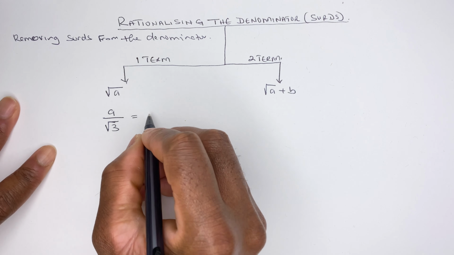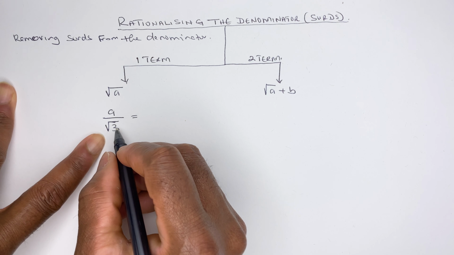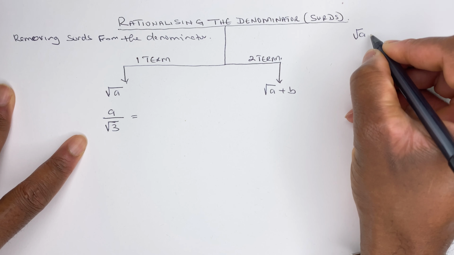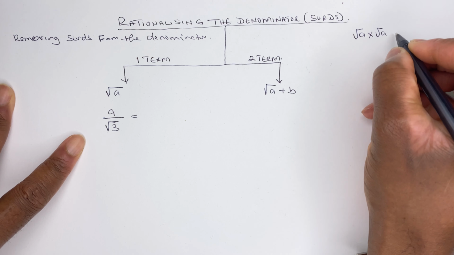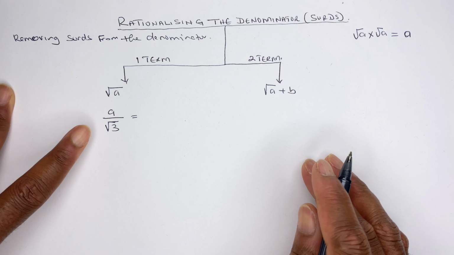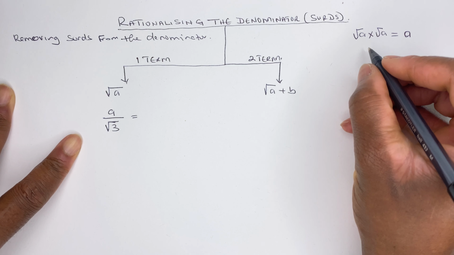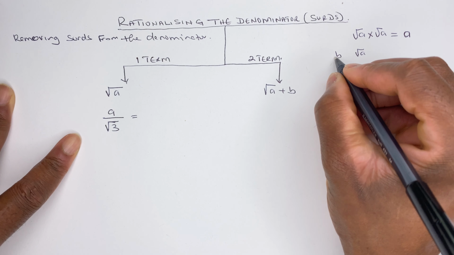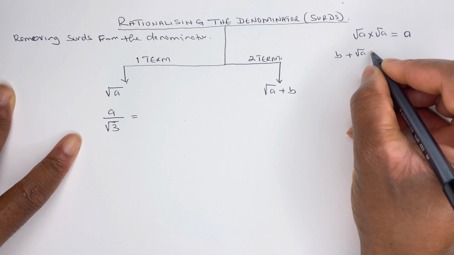What we can do here is multiply. We know from surds that root of a times root of a becomes a. That's a good tool to use. Another tool is root of a plus b.